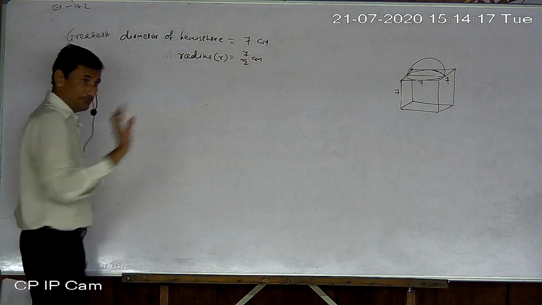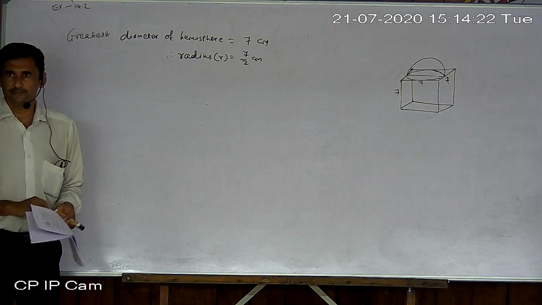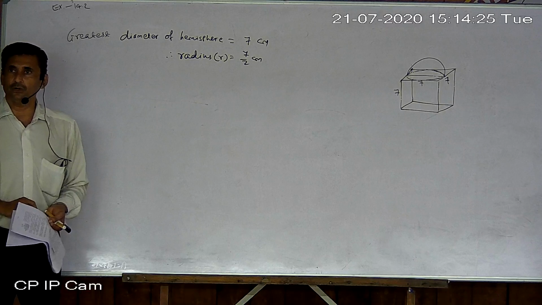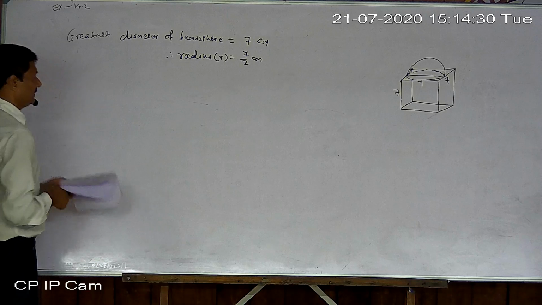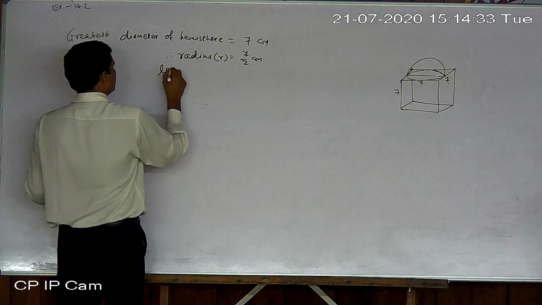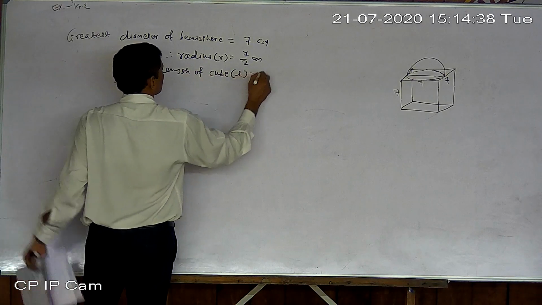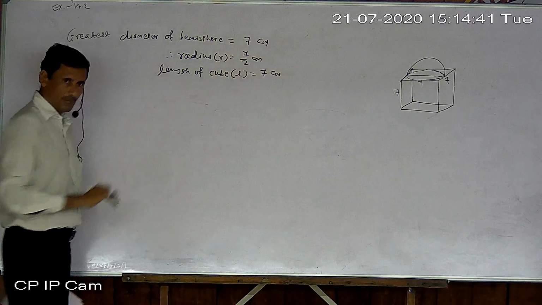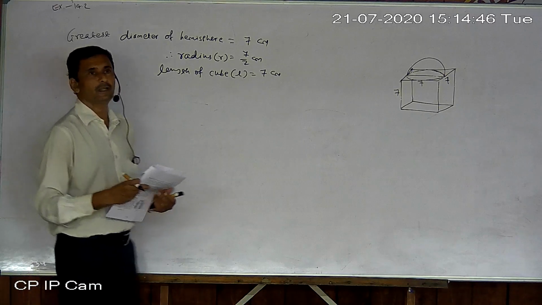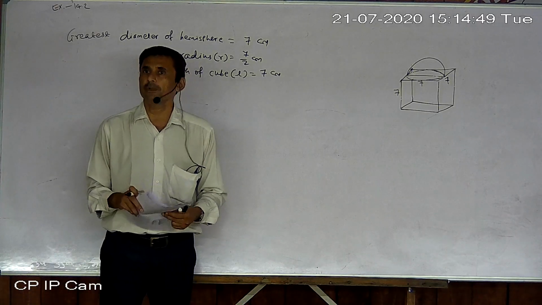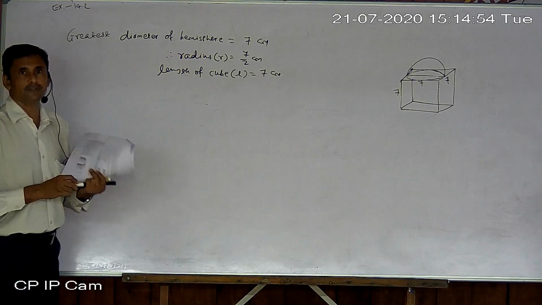Now don't write 3.5, because we generally expect fractional values, not decimals. So keep it 7 by 2 only, not 3.5. Now, length of cube l equal to 7. Prepare a list of everything that is given and found. After preparing the list properly, all conversions should be completed in the list only. Then only start our main part.